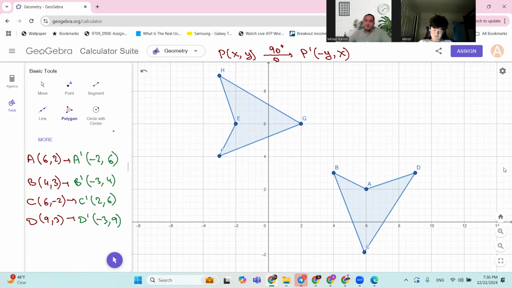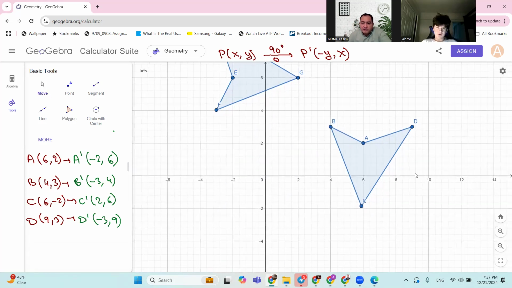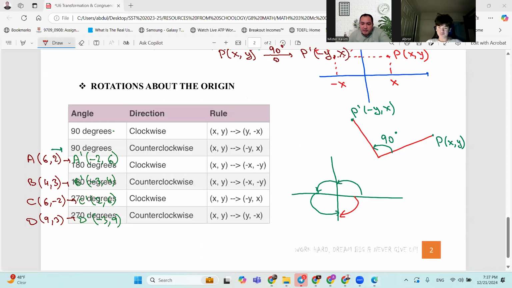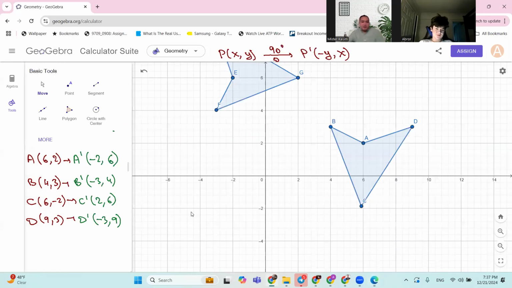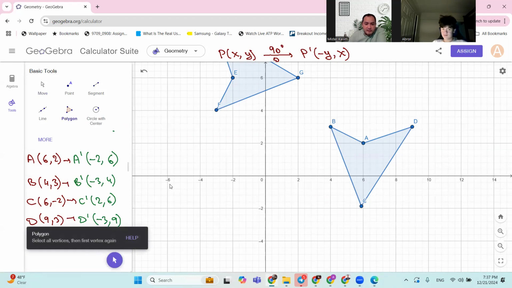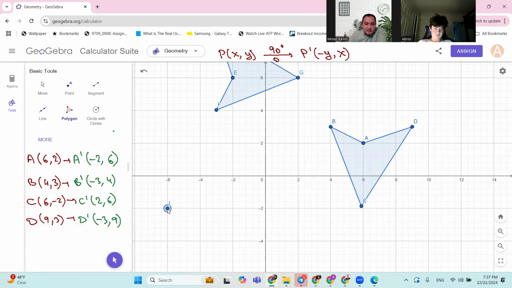And how about, for example, if you rotate this 180 degrees, Abror, what happens here? If you rotate 180 degrees, X and Y both get multiplied by negative, right? For example, negative 6, negative 2 is here.